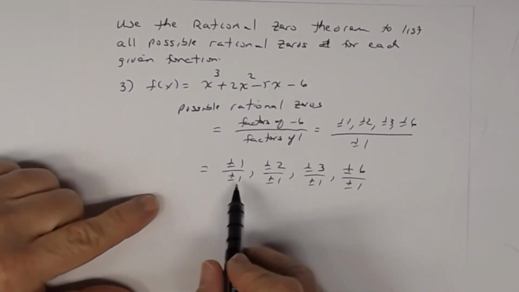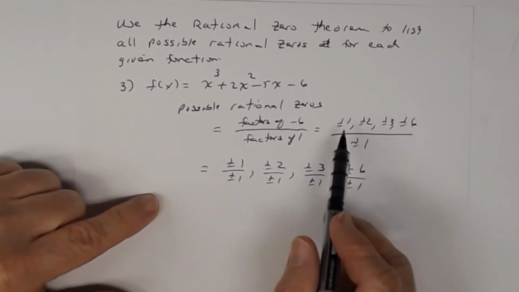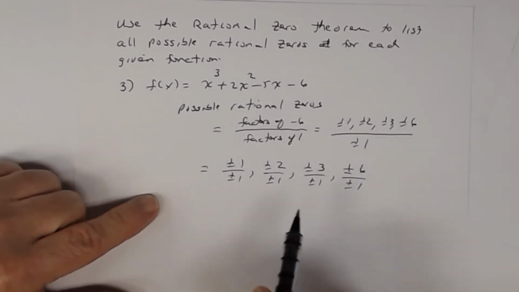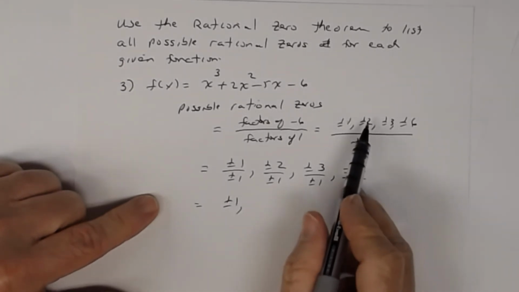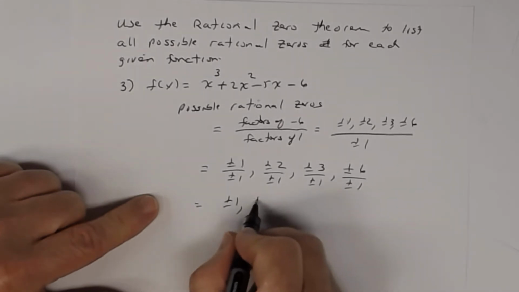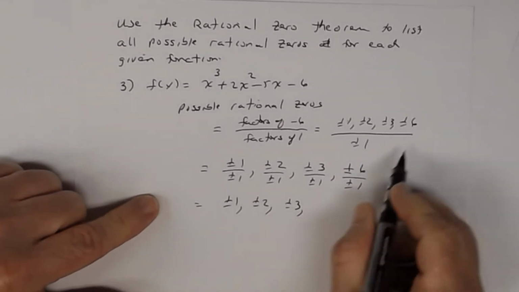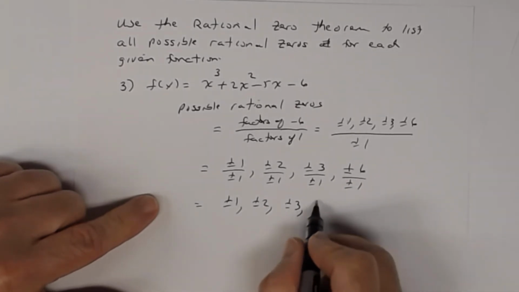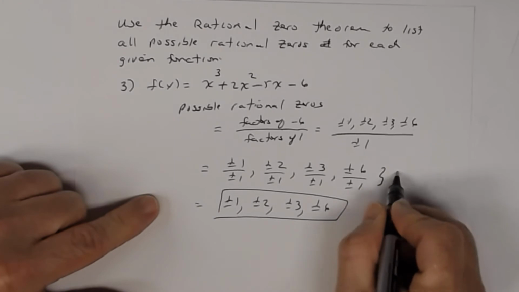And guys, you could skip this step because almost all of you will be able to visually see that plus or minus 1 divided by plus or minus 1 is just plus or minus 1. 2 divided by 1 is 2, so plus or minus 2. 3 divided by 1 is 3, plus or minus 3. 6 divided by 1 is 6, so plus or minus 6. All right, so you could have skipped this.